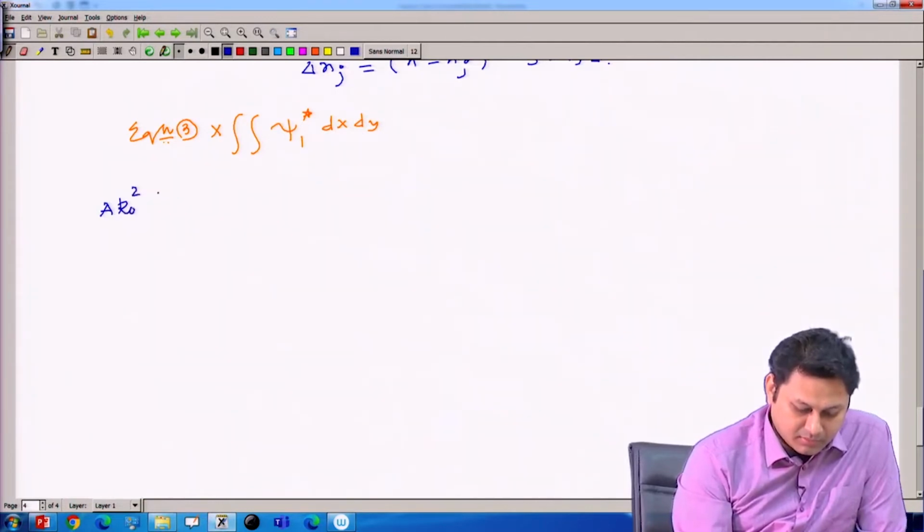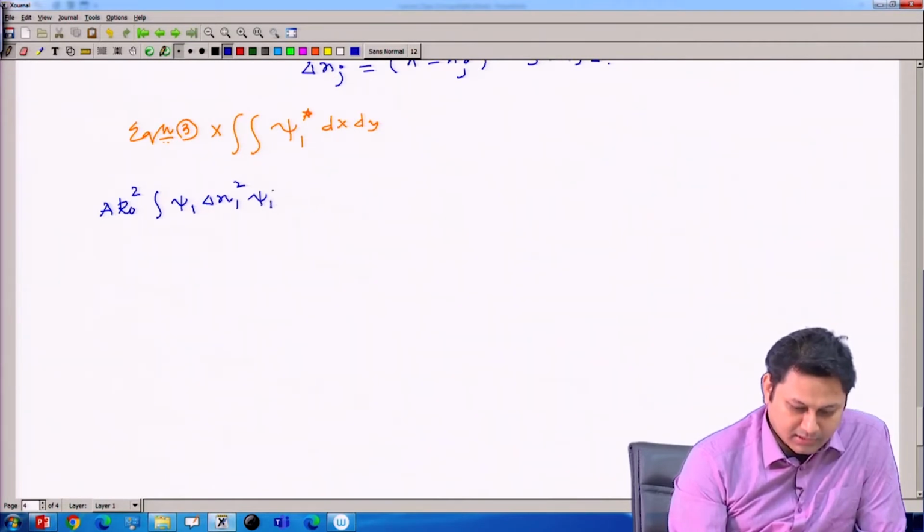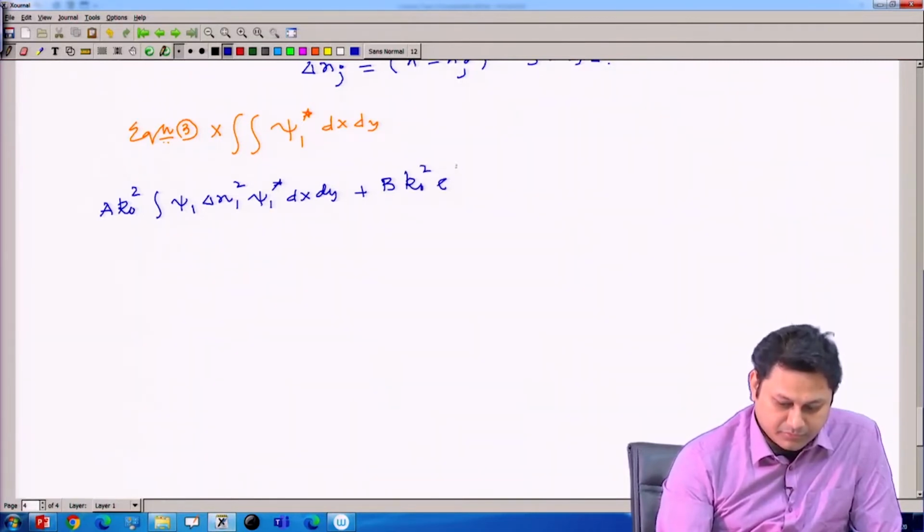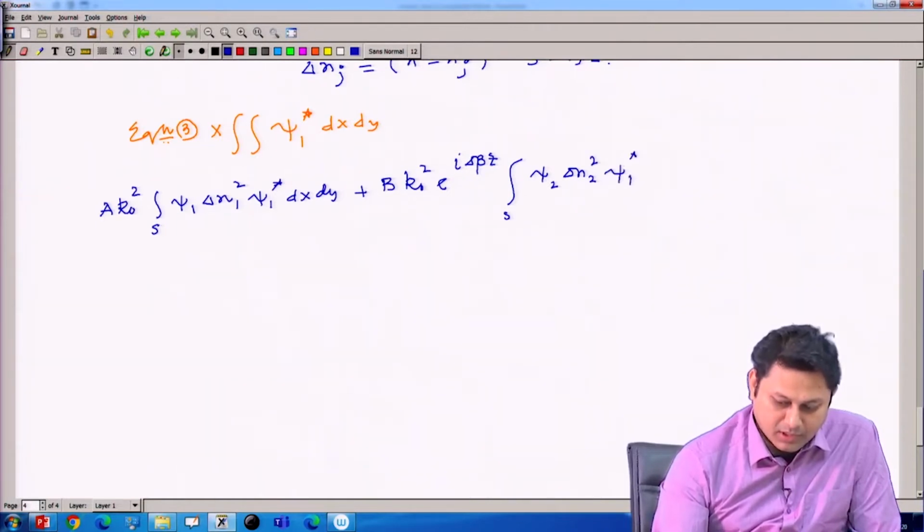Then I have a k0 square integration psi 1 delta n1 square psi 1 star dx dy plus b k0 square e to the power of i delta beta z integration, this is over some surface, psi 2 delta n square psi 1 star dx dy.